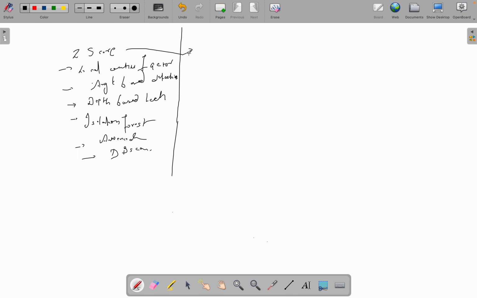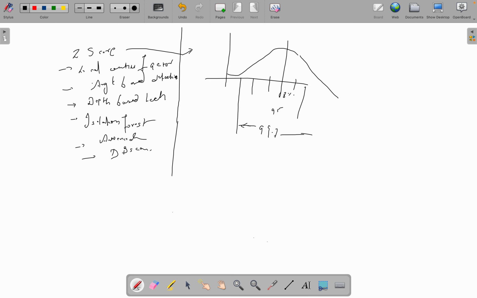So let's talk about the z-score. I have a Gaussian distribution. As I have explained, within one standard deviation we cover 68% of data, within 2 standard deviations we cover 95%, and within 3 standard deviations we cover approximately 99.7% of data.